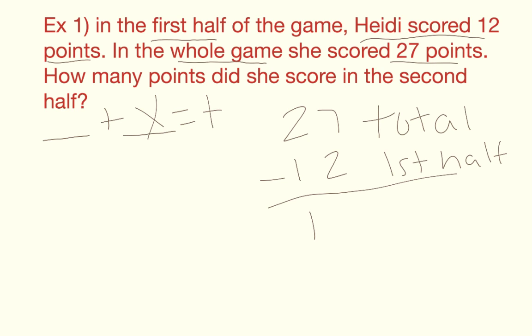And we'll end up getting 15 for second half. So we underlined the key factors, realized that we had a total, subtracted what we knew to figure out the second half of the game, which was 15.